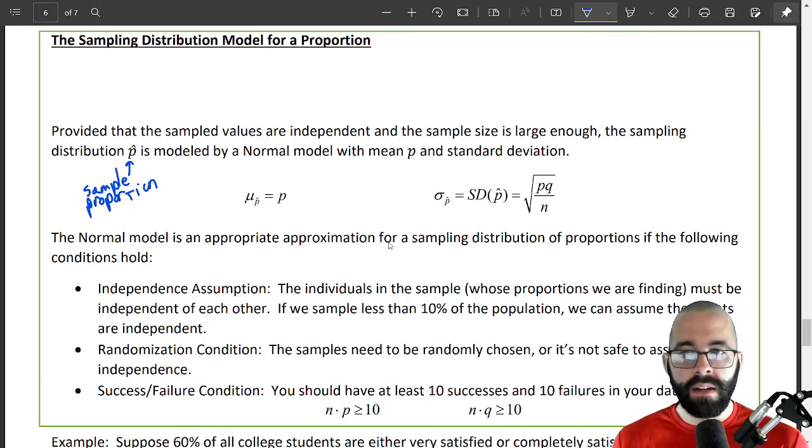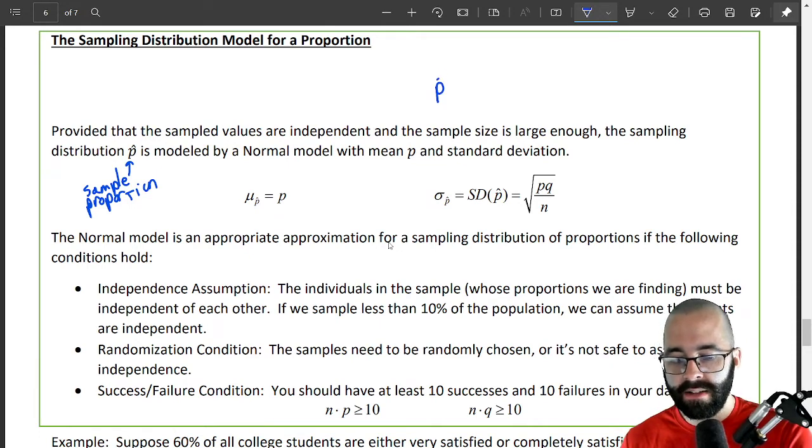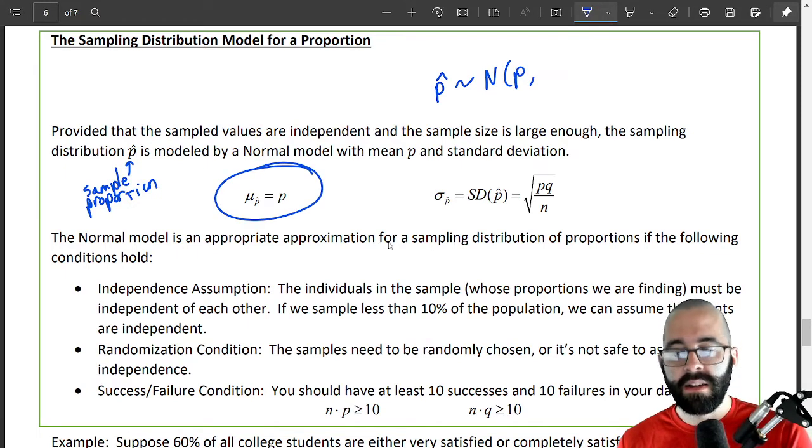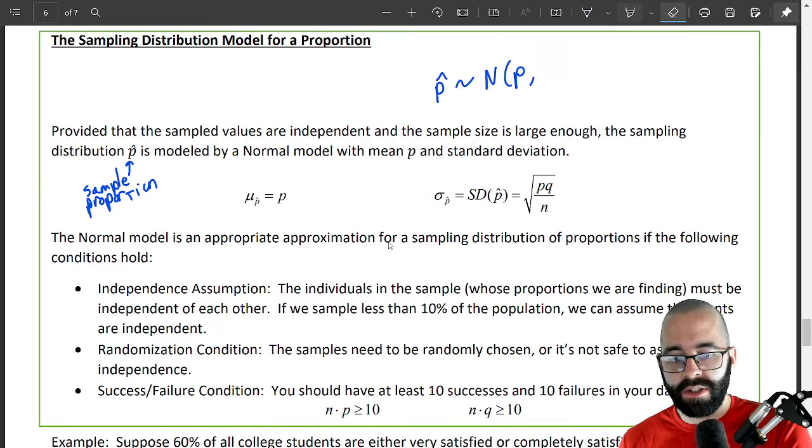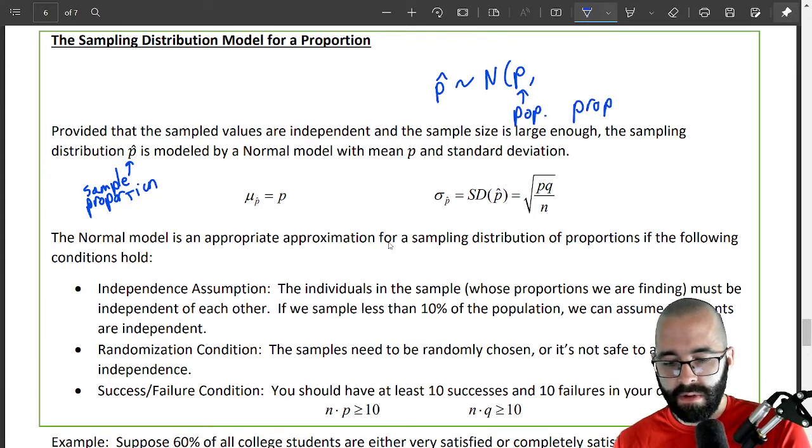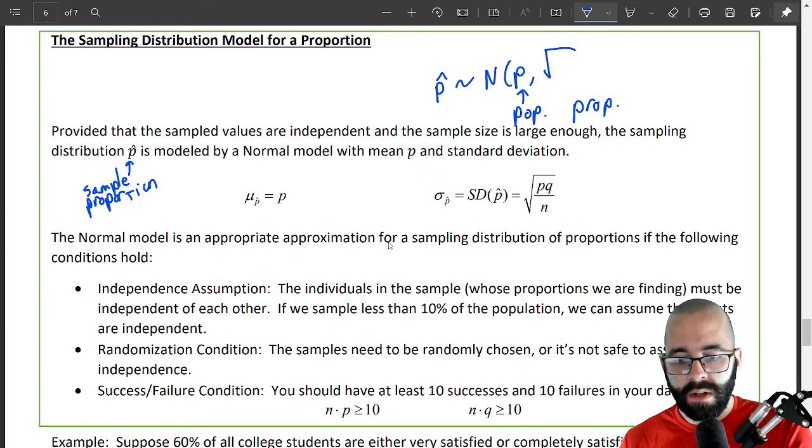And the mean of this normal distribution, so again, you can think of p hat as normally distributed with mean, right? The mean of this new distribution is our population proportion p. That's population proportion. And standard error, the square root of PQ over N. What was Q?